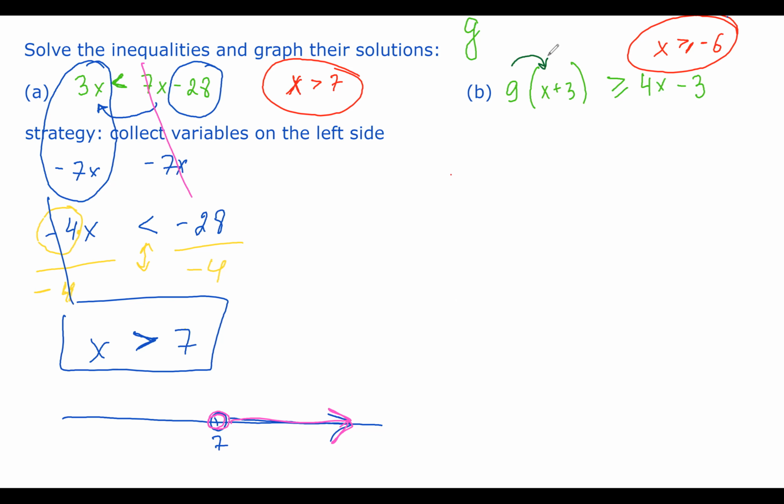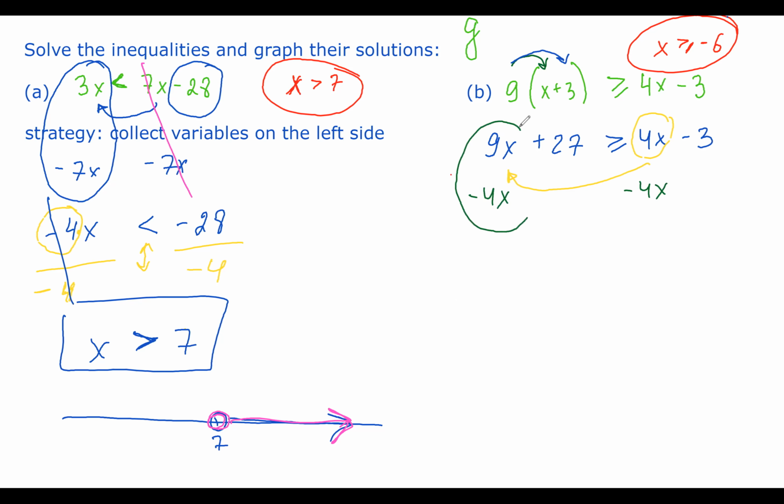9 times x will give me 9x, right? 9 times 3 will give me 27. And then over here, it will be 4x minus 3 copied over. Now, we are going to move the 4x to the left side. So once again, in inequalities, what we tend to do is we move the terms with the variables to the left side, okay?